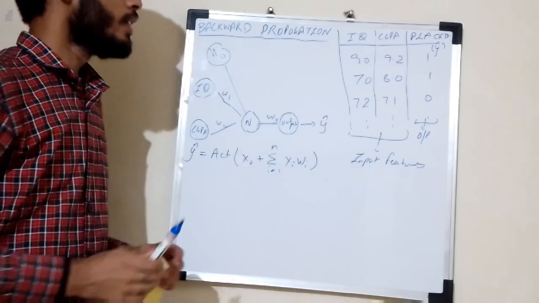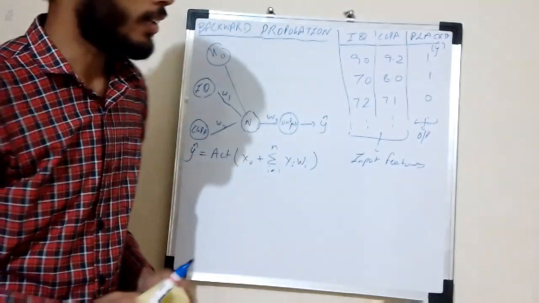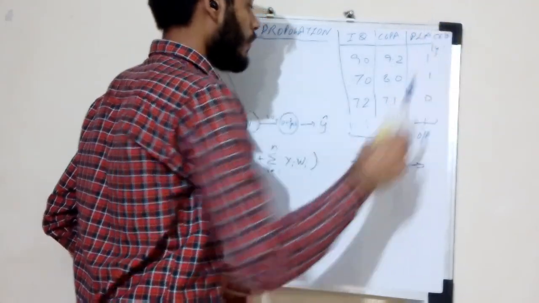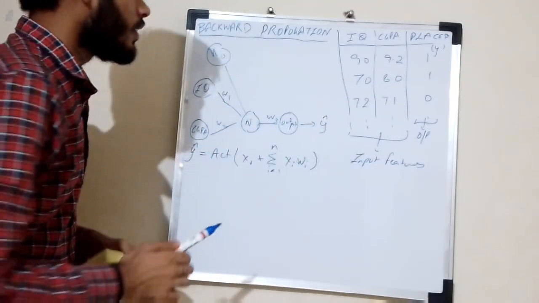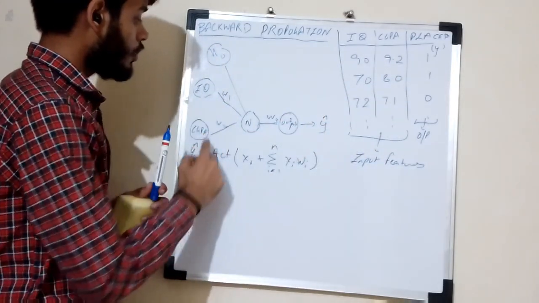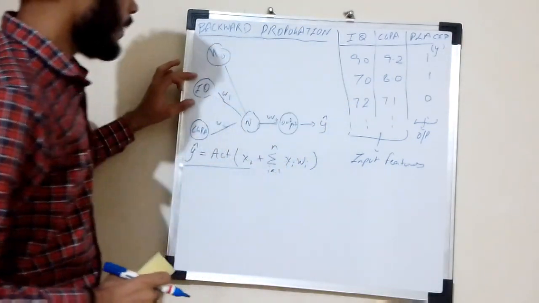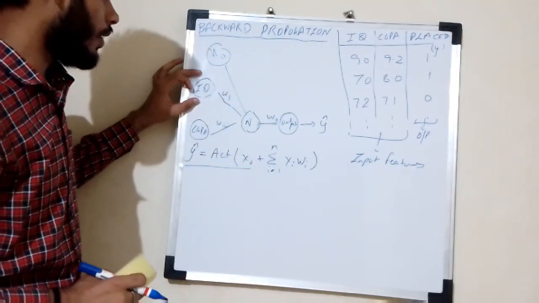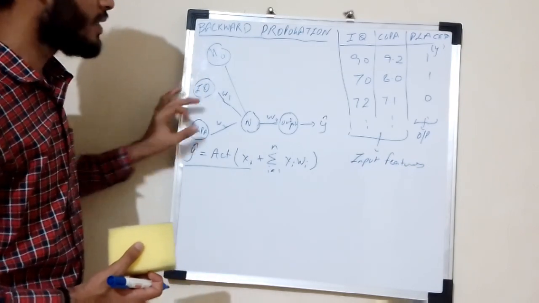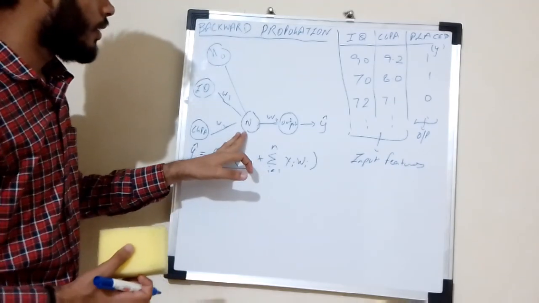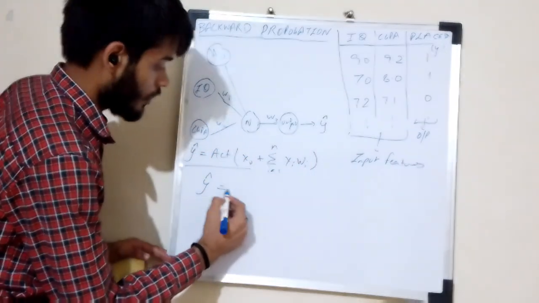Suppose I name my placed column y. Y is basically my true output. Suppose I pass my model an IQ of 90 and a CGPA of 9.2, and my model gives y cap as, let's say, 0.